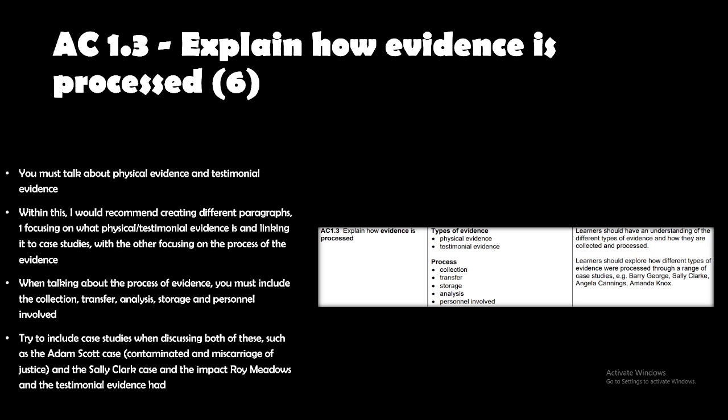So if you're going to talk about physical evidence, transfer or storage, talk about Adam Scott potentially, that was contaminated. And for testimonial evidence in general, talk about how it can be impacted if it's wrong, like the impact Roy Meadow had on the Sally Clark case.